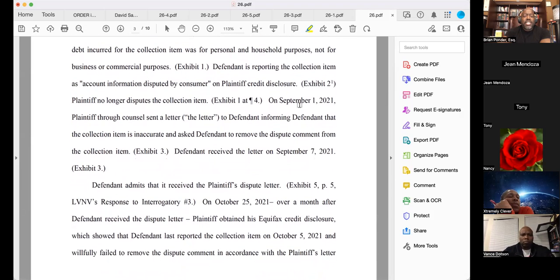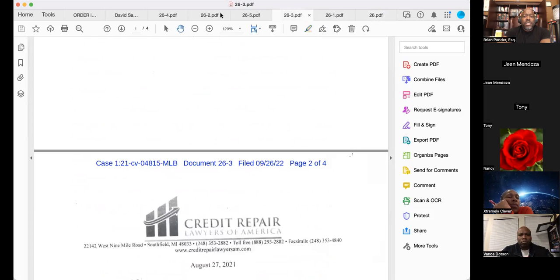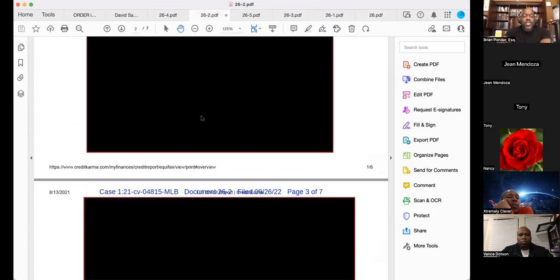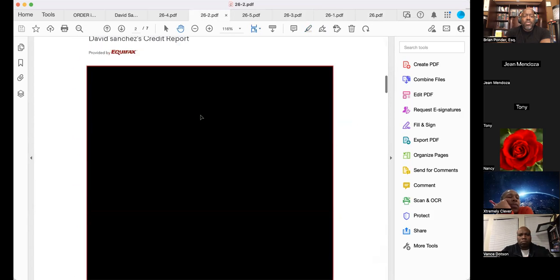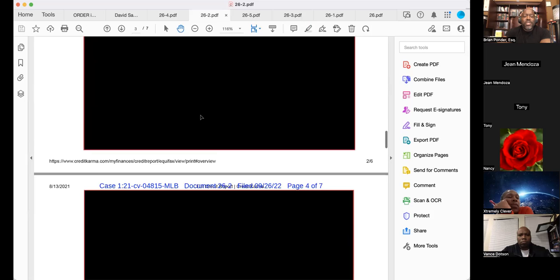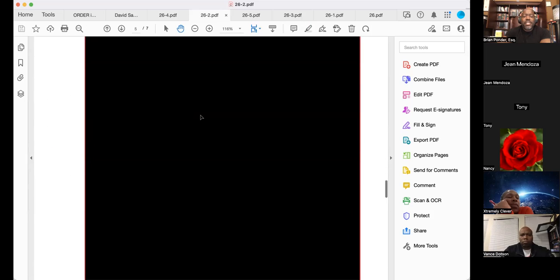All right, that September 1 letter. So let's look at this September 1 letter. Well, I'll go to exhibit 2 first. This is how it shows up on the disclosure. Do not use these, y'all. My goodness.